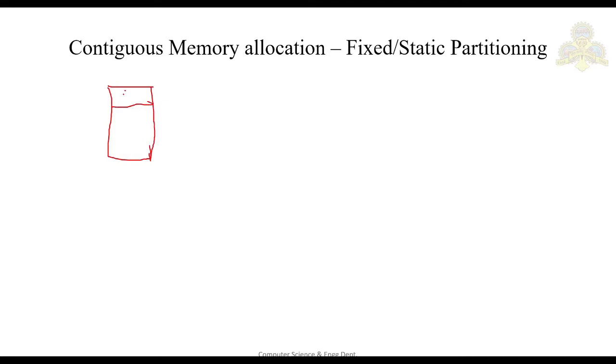Suppose this is your main memory, the operating system software is kept here, then these partitions, whatever you can see, will be fixed. This is your operating system, and the free space for user processes is partitioned or divided into multiple groups. This is one hole, this is another hole. These are called partitions, holes or fragments. Partitions, fragments and holes are one and the same.